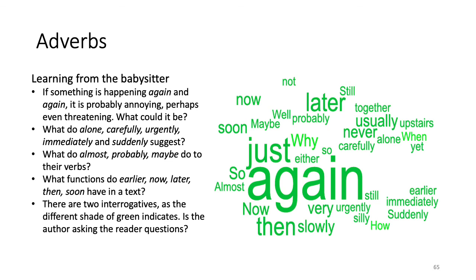And if you find that a significant set of words have the same semantics, like carefully, urgently, immediately, and suddenly, then it's telling you something about the text even before you read it. So these are all sorts of tasks that the students can be led to perform and learn through their discoveries.